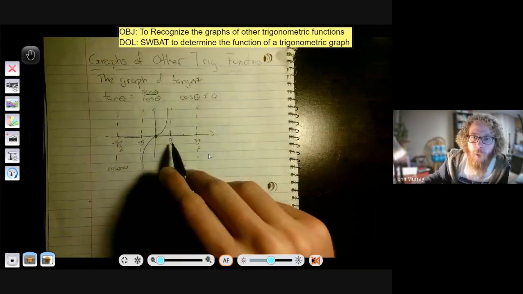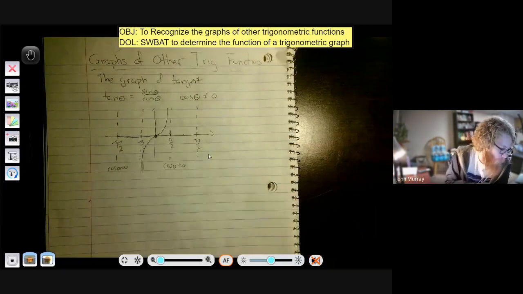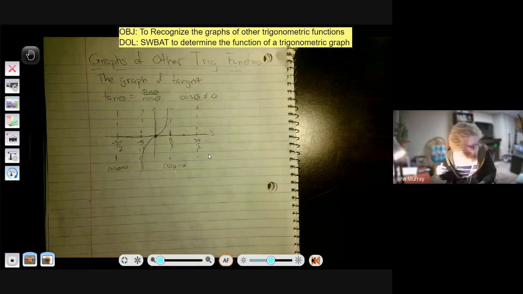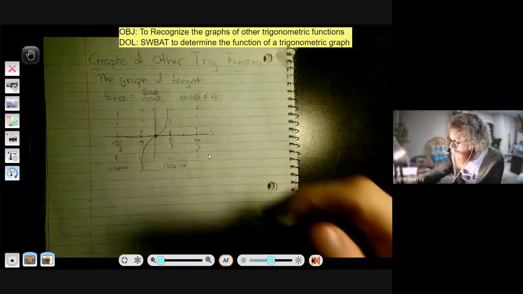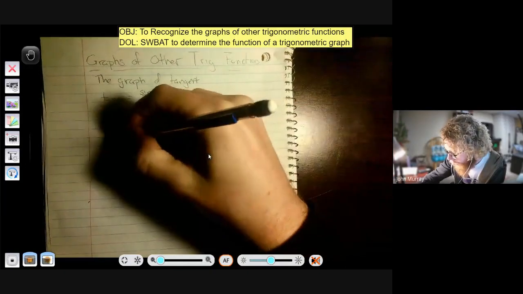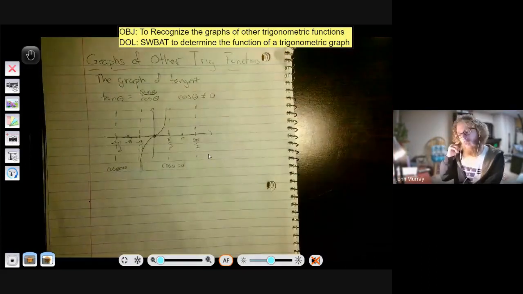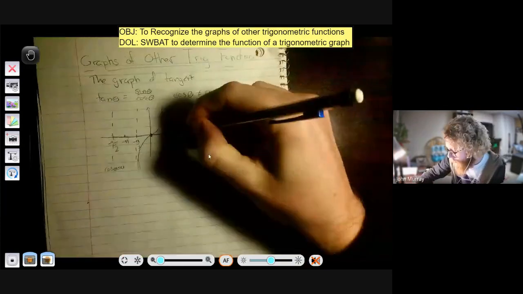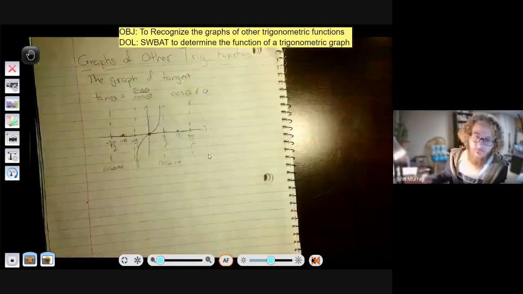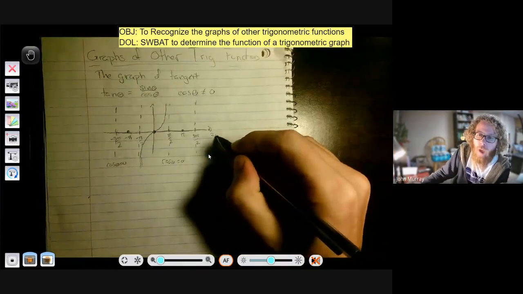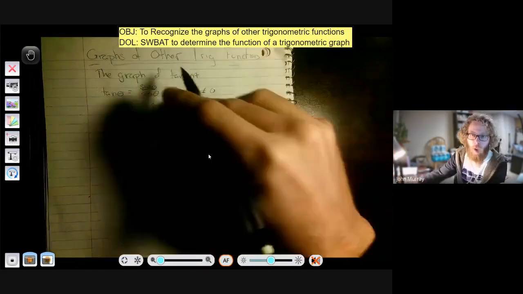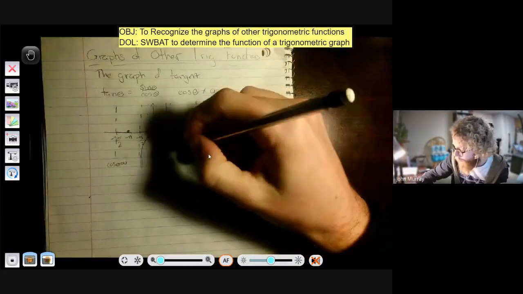All right, so here, in between pi over 2 and 3 pi over 2, hold on. All right, so here at pi, here at negative pi, where sine is equal to 0, we have x-intercepts. And then over here we would have 2 pi, and at 3 pi, 4 pi, 5 pi, they would all be zeros.